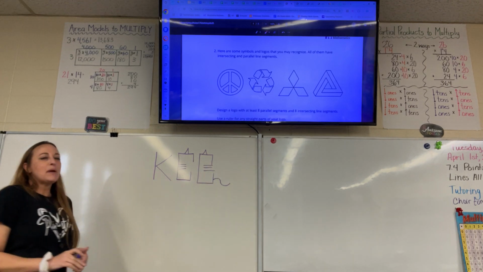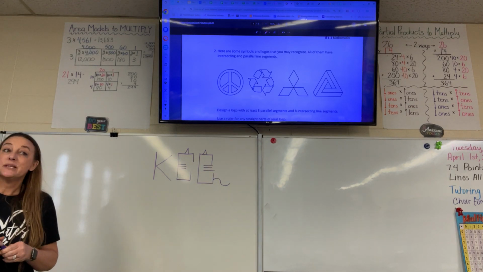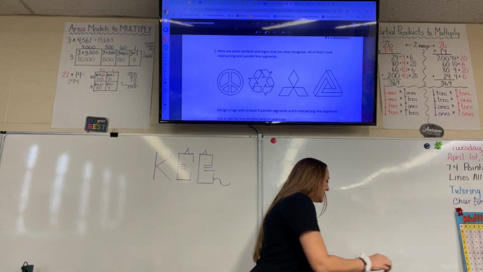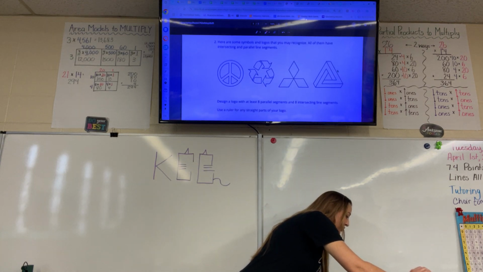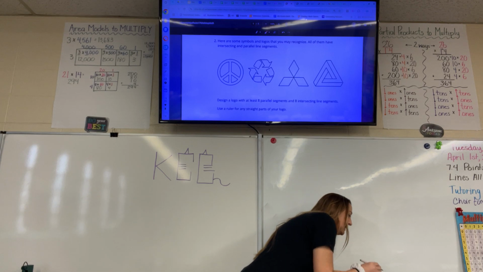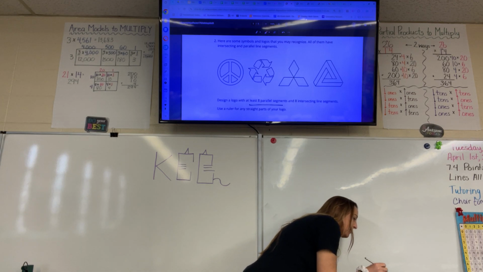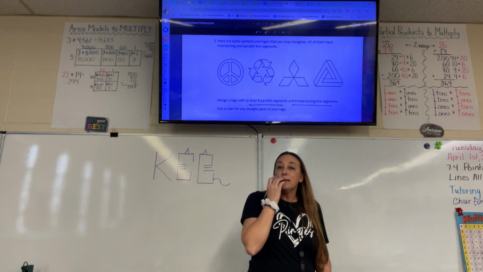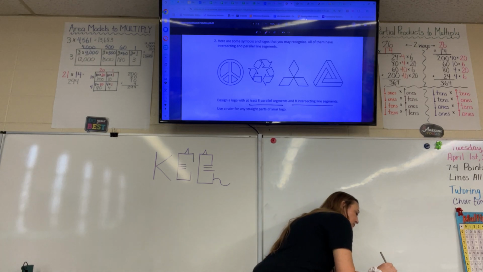Okay, so that might be a logo for her business. So you guys are gonna get to design your own. It says you have to make sure that you have at least 8 parallel segments and 8 intersecting line segments. That sounds like a lot, but watch this.